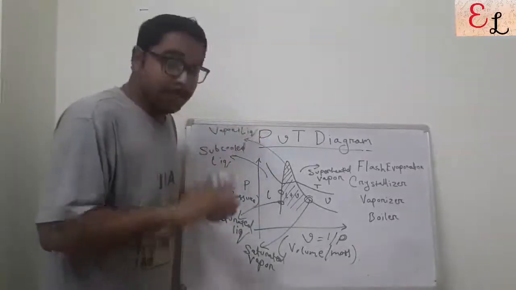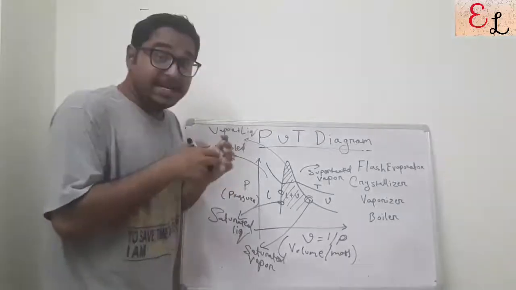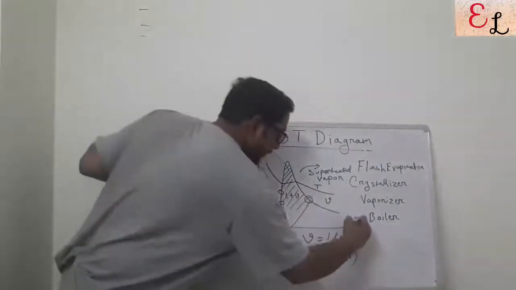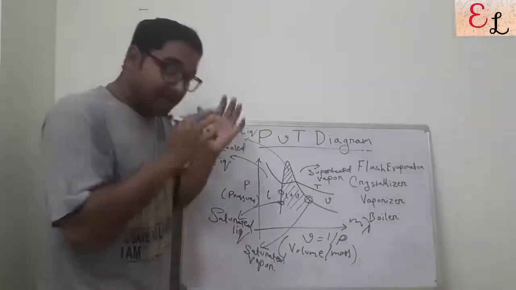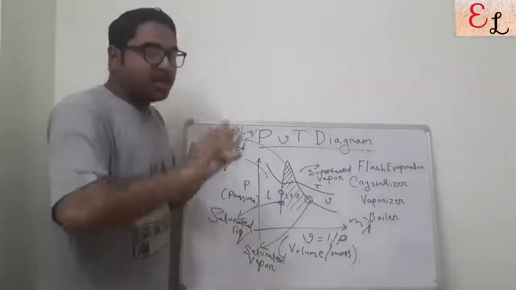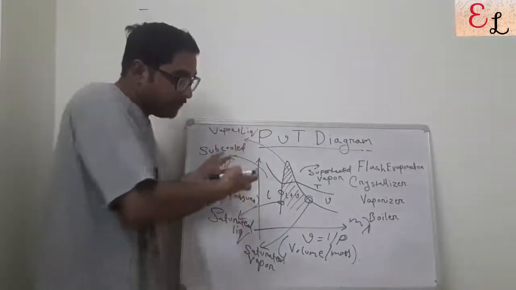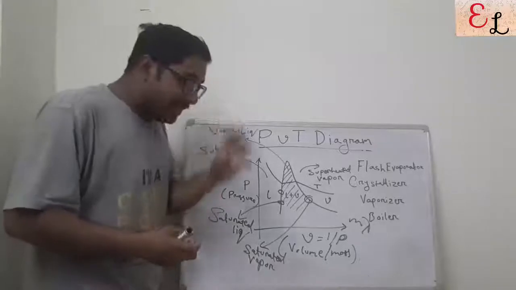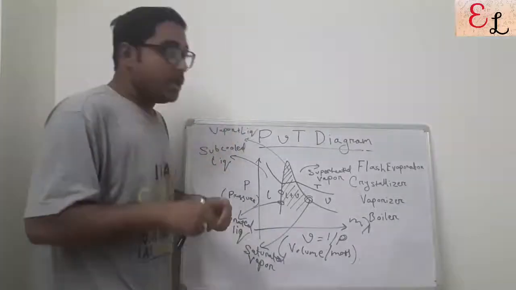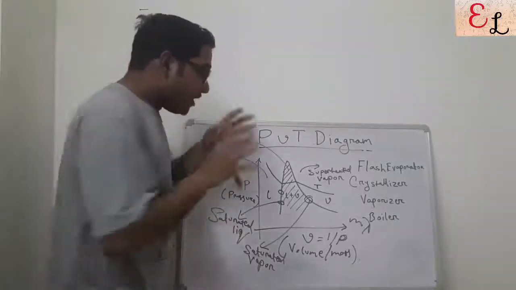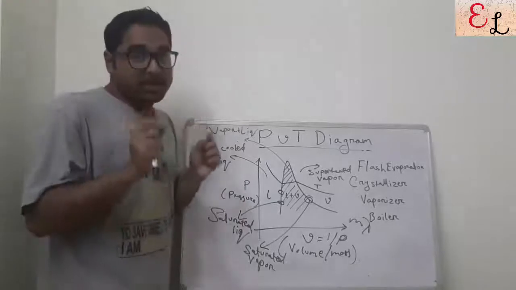Whatever heat is incoming is not responsible for increasing the temperature; the heat is absorbed as m lambda, that is, as latent heat of vaporization, and the liquid starts transforming into vapor. Boiling or evaporation takes place by taking heat from the source, and the temperature will not increase unless we change the pressure. So for the transformation from liquid to vapor, the pressure and the temperature remain constant.